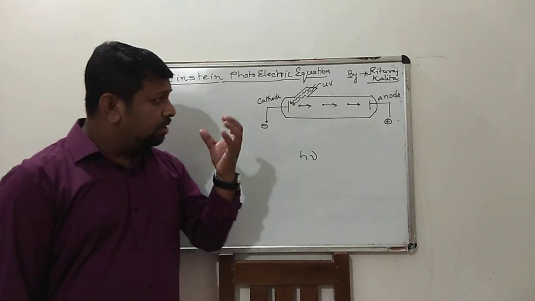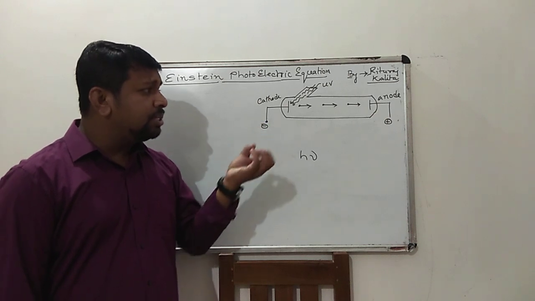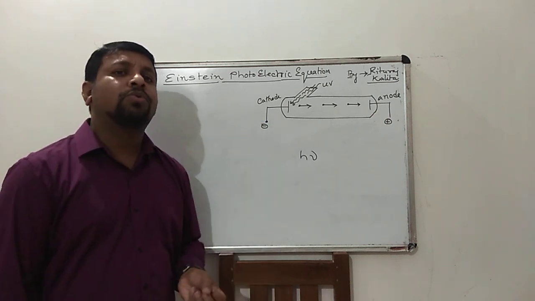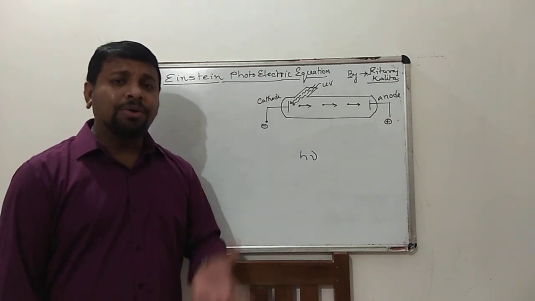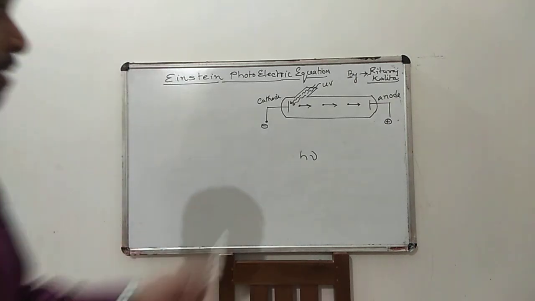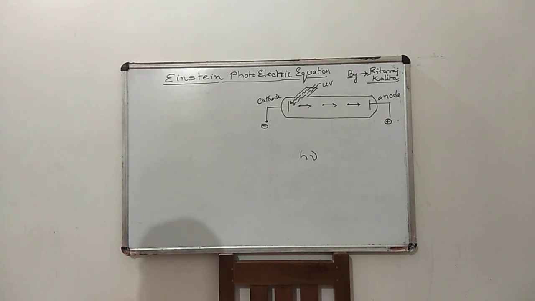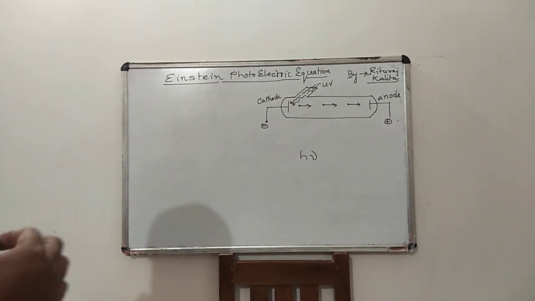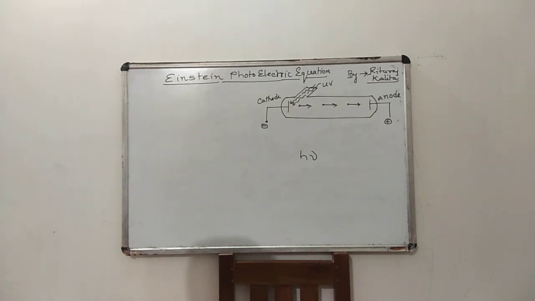So Einstein explained this phenomenon on Planck's quantum theory. How did Einstein explain his equation? If h nu energy is incident on the metallic surface, how is it converted into work function and kinetic energy?